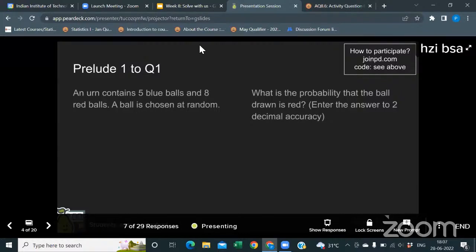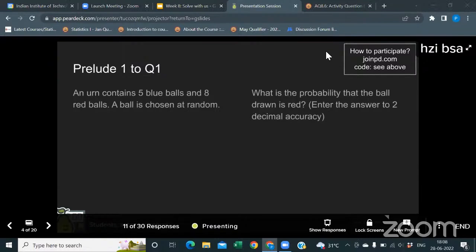Sir, can you share the link in the chat or somewhere? Link for what? Joining the slide? Just enter joinpd.com. Siva has entered.